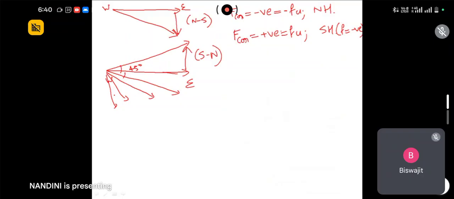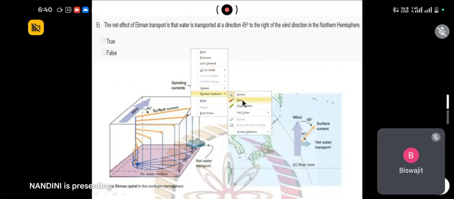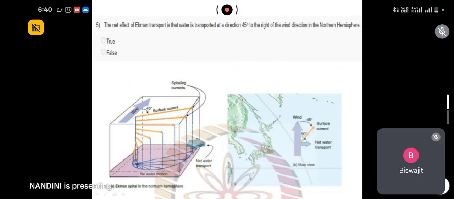So if you take all the layers, the net transport will be almost 90 degrees. If you are talking about the surface current, then this statement is true: the surface current will make an angle of 45 degrees to the right of the wind direction in the northern hemisphere. But when we are talking about the net effect of Ekman transport, if we consider all the layers, it will be 90 degrees.